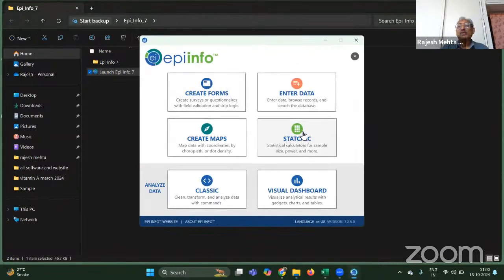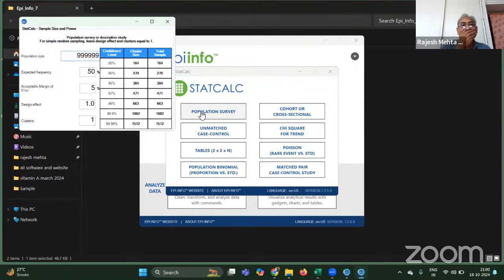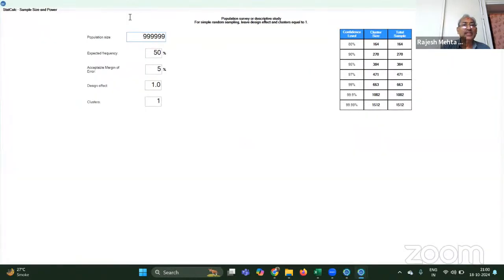This StatCalc you should be using for considering sampling technique. Right? And if you are doing a survey in the population, for example, I'm not going into detail, but just indicating that this is what you can use for the sample size.